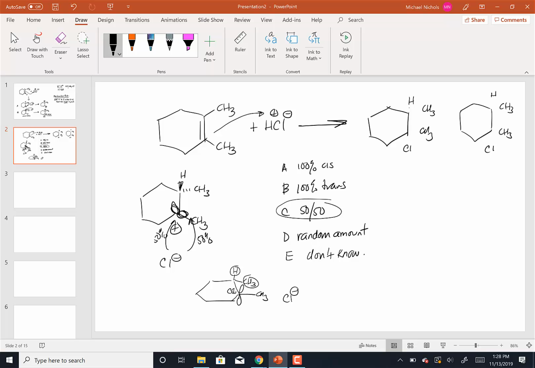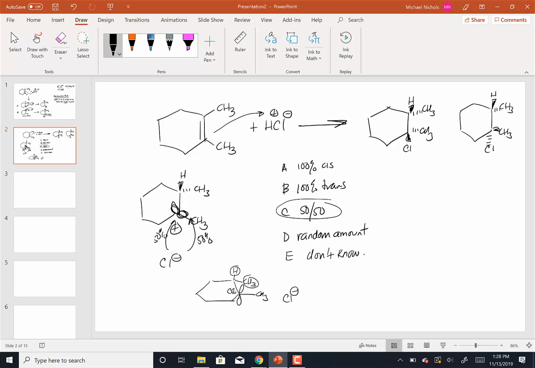So either the hydrogen and the chlorine are both cis, or the hydrogen and the chlorine are trans. Which also means that the methyl groups are either cis or trans. So that's what I mean by cis or trans.